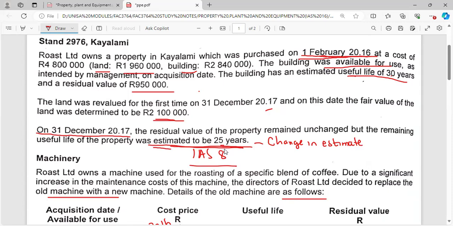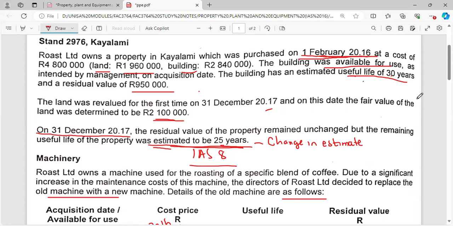Yes, if you are calculating for an asset that was acquired at the beginning of the financial year, there is no need for you to convert. You can still use the years because there is no apportioning there. So you can still use the number of years to divide because you don't need to apportion.